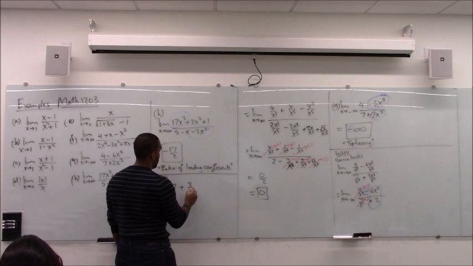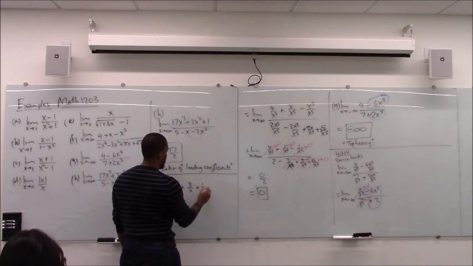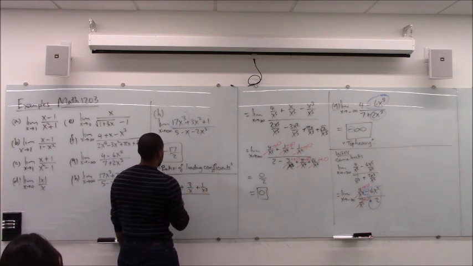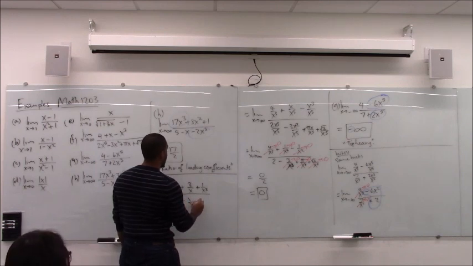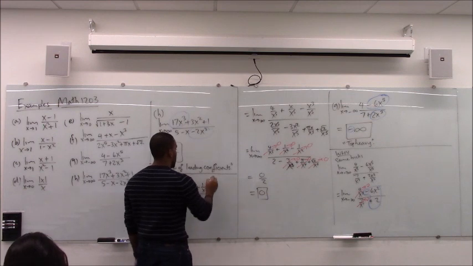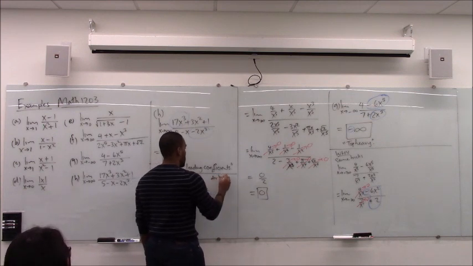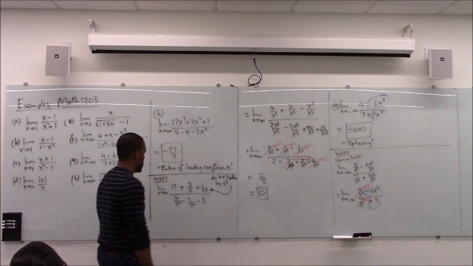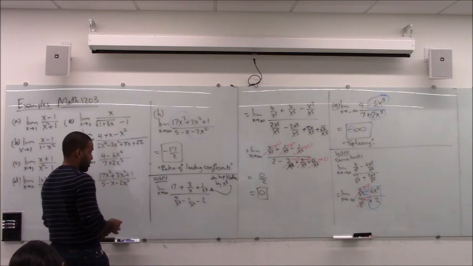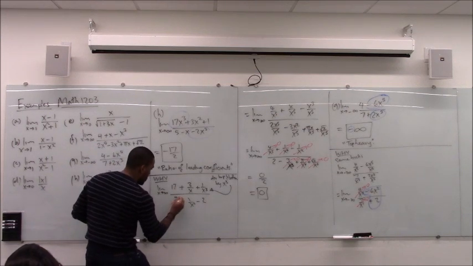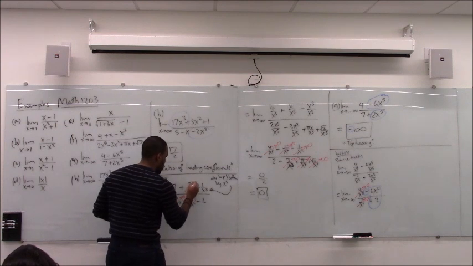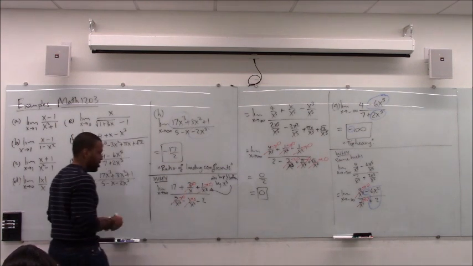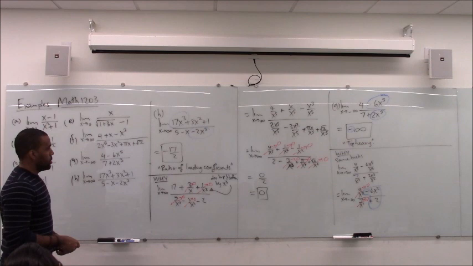I would get a 3 over x plus a 1 over x cubed, over 5 over x cubed minus 1 over x squared minus 2. That would be the result. And these would all go off to 0. And you're left over with the 17 and the minus 2.